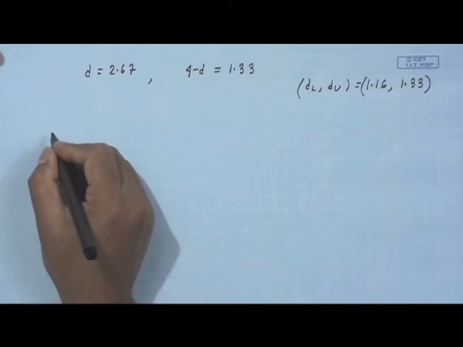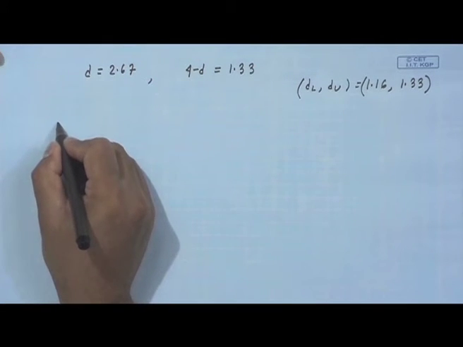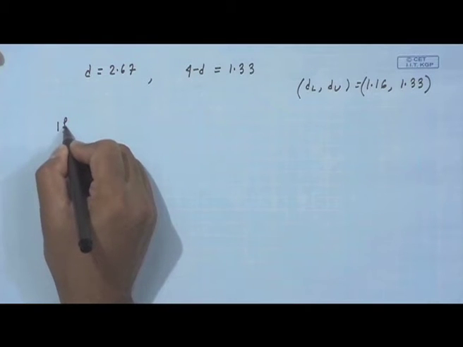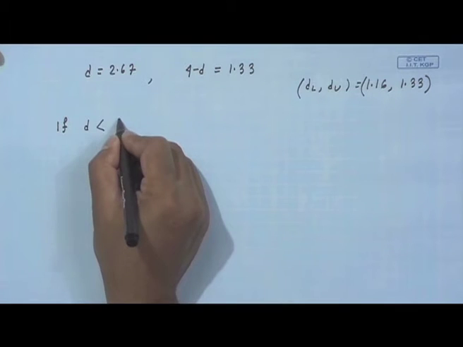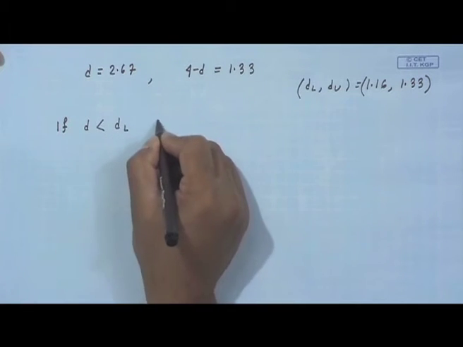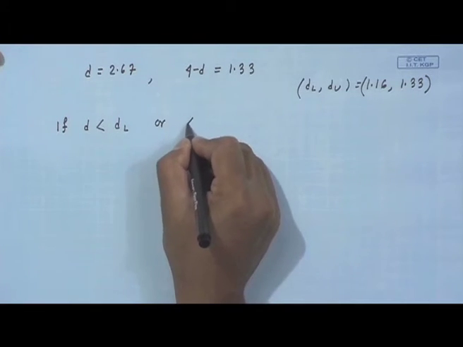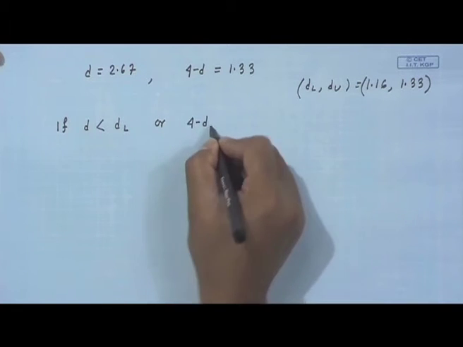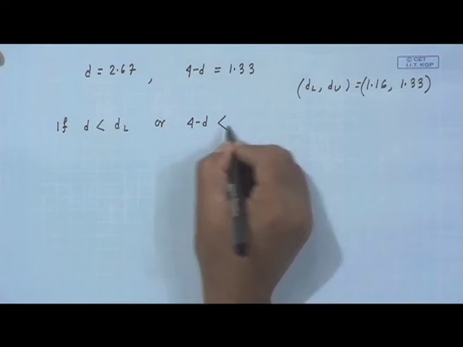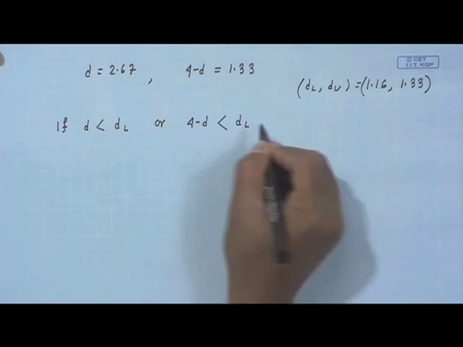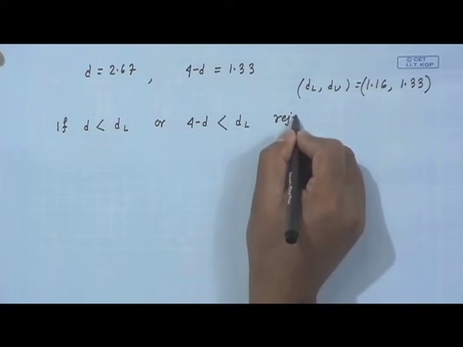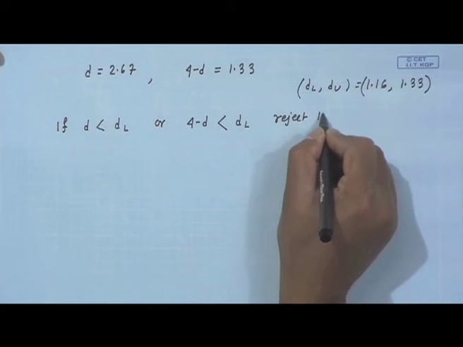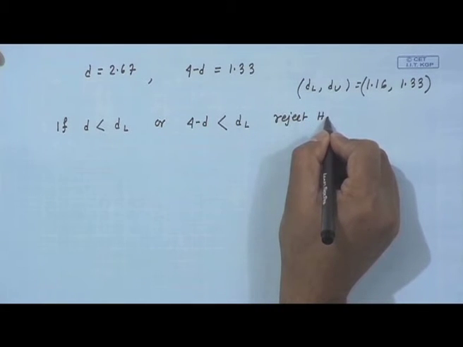Okay. So, if d is less than dl or 4 minus d is less than dl, you reject H naught.